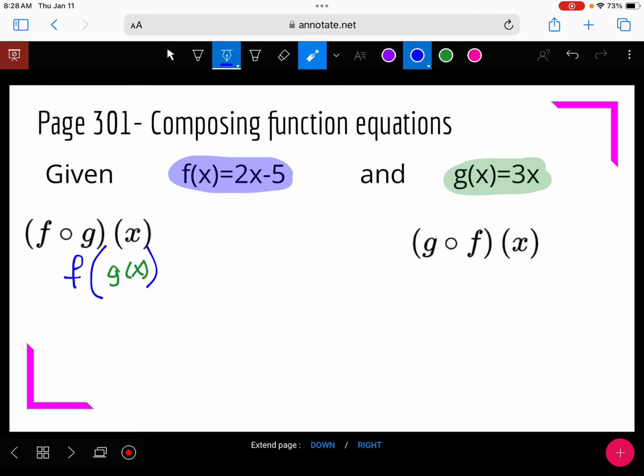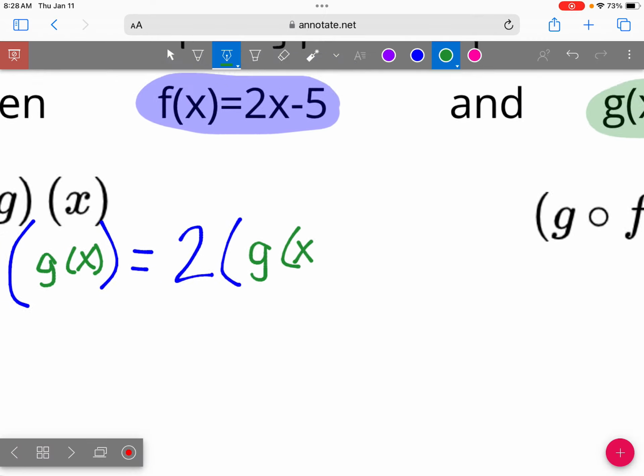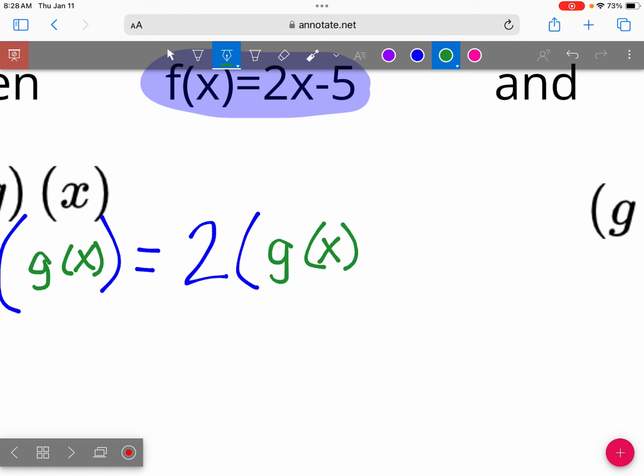And what I'm going to do is write out my equation here, but instead of an x, we are substituting this in place of the x. So it's going to be 2 times my g of x, minus 5. So we're taking that g of x and substituting it in place.